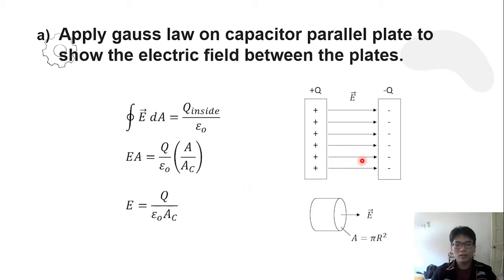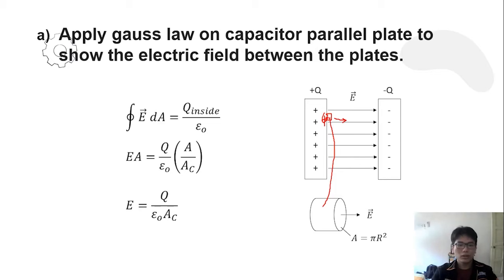First thing we need to do is draw the diagram, and we apply Gauss's law using a cylinder, and we place the cylinder over here. The electric field is facing out, so it's parallel to the capacitor plate. Using Gauss's law, we get the integral of E dot dA equals charge over epsilon naught.